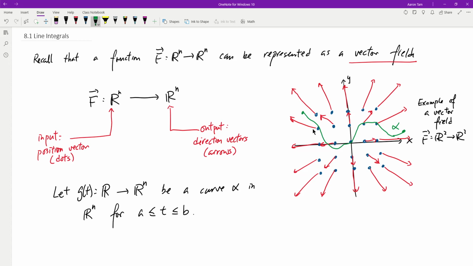What we're going to try to find out is the following: what if we can add all these vectors together? What would that add up to? That's what we're trying to figure out. So important to note is the following.